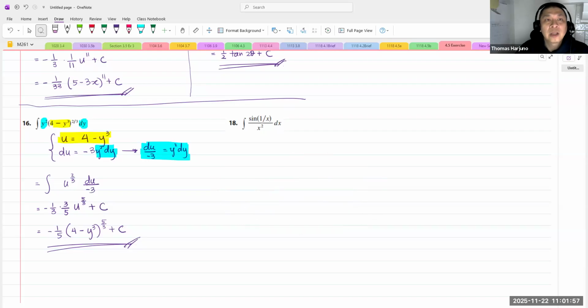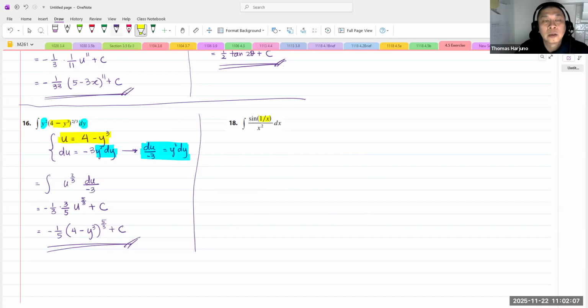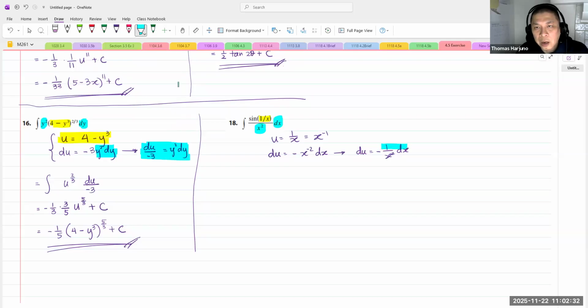Anyway, let's go on to number 18. I know how to integrate sine, but the 1/x in there is the one that makes it seem not doable. Let's call that our u and then differentiate. That's actually du equals negative 1/x squared dx. That is our dx over x squared there.